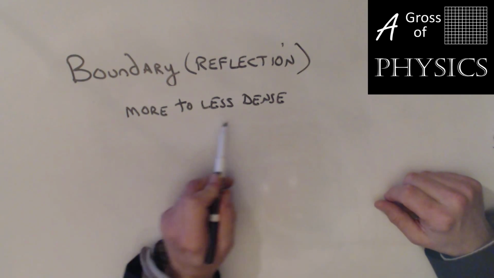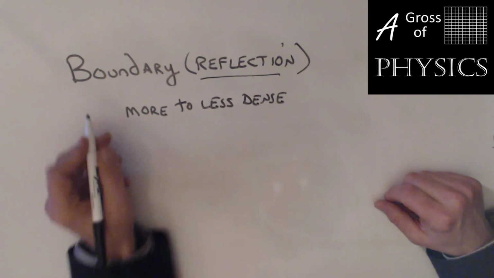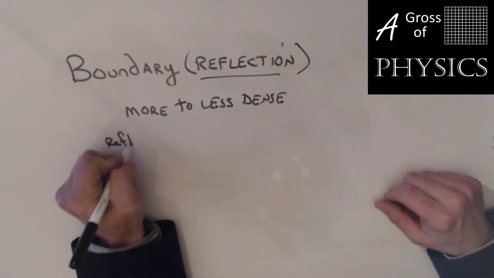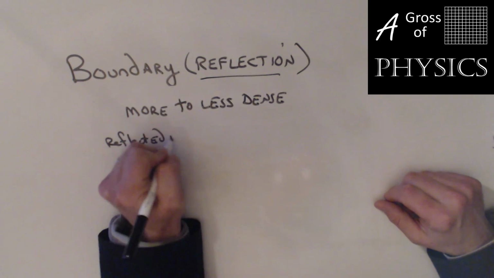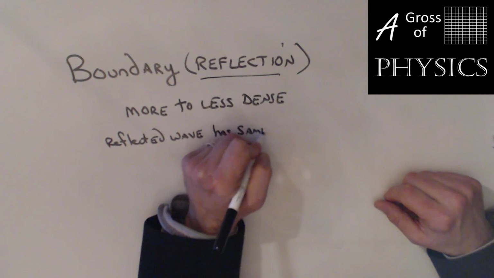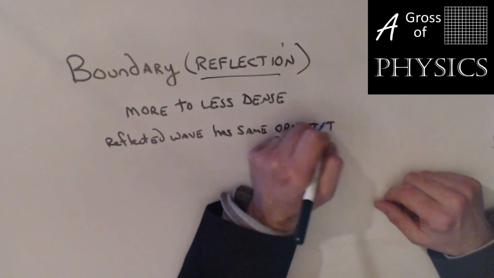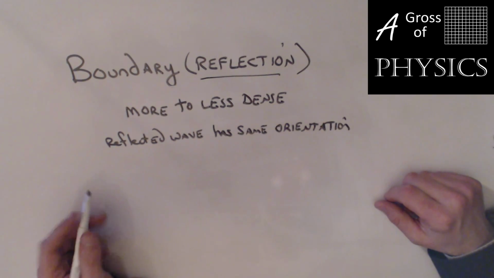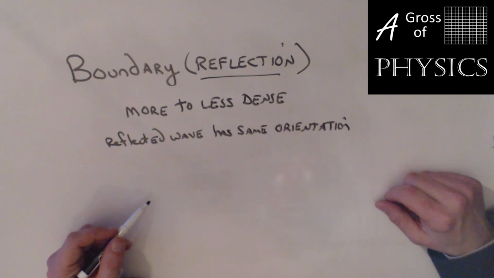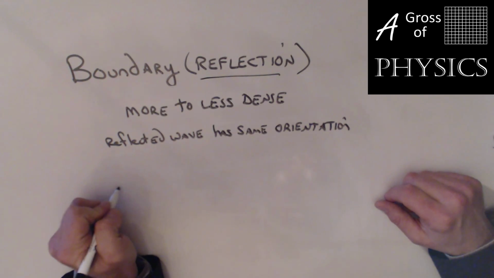So when we go from a more to less dense material, any of the waves that are reflected come back with the same orientation. A simulation for this is a spring or a string that's not connected to a wall that can be allowed to move. So here's what happens.